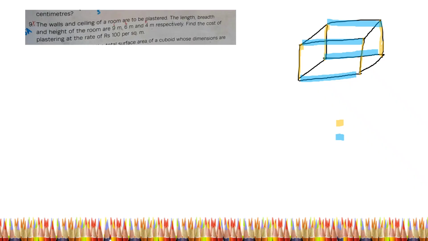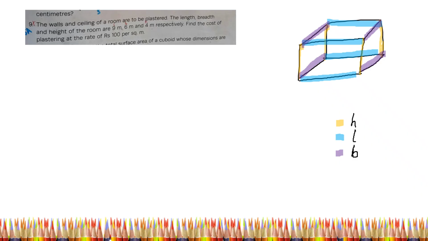And for the width, I'm using the purple color. So let me write it. This was the height, and blue one is the length, and purple one is the width, or you can say breadth.